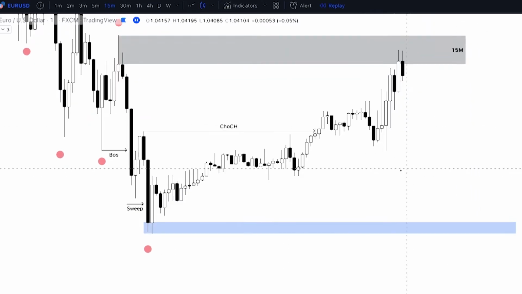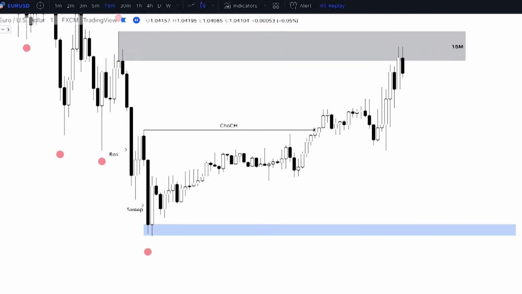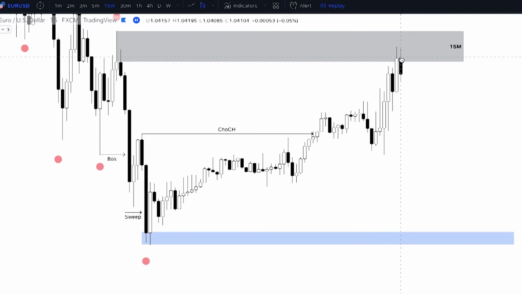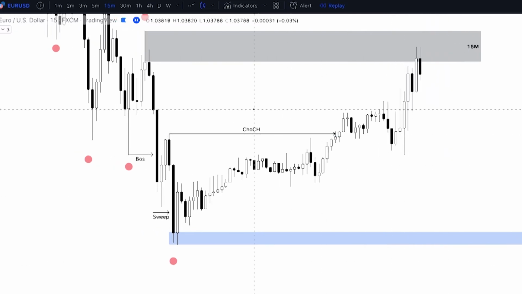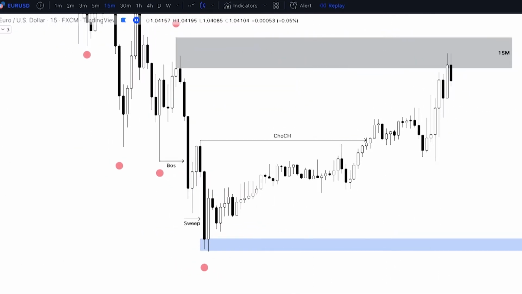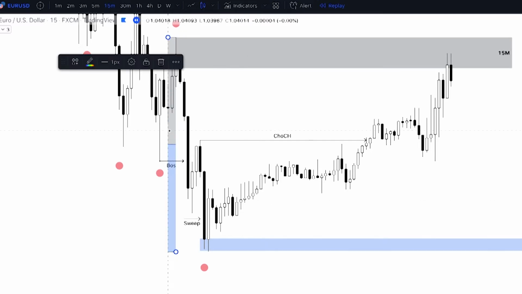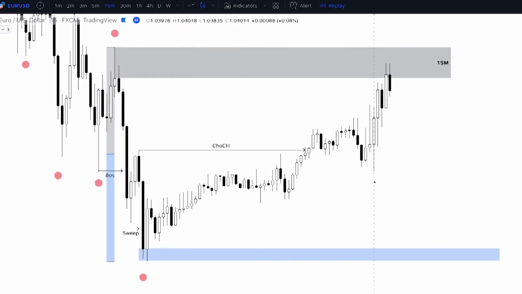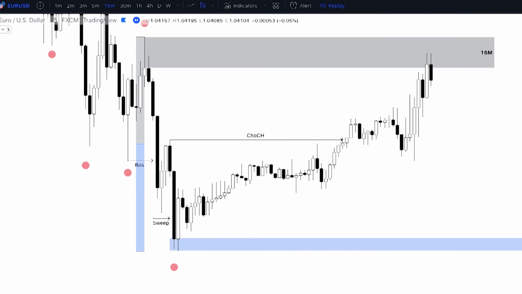Now first we are going to identify the liquidity, where the liquidity is present in this trend, and number second, the premium and the discount area, right? So this is the trend. This is the premium area, this is the exact premium area, and this is the discount zone.